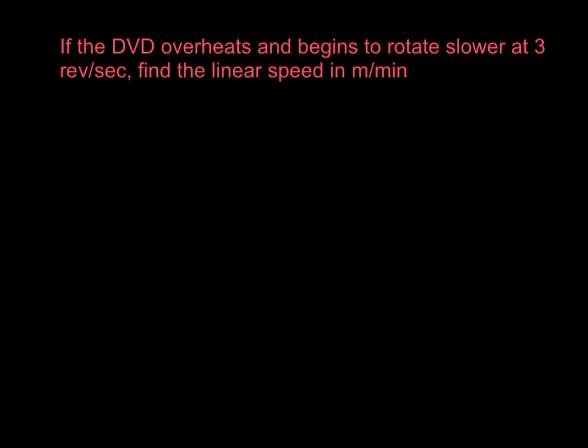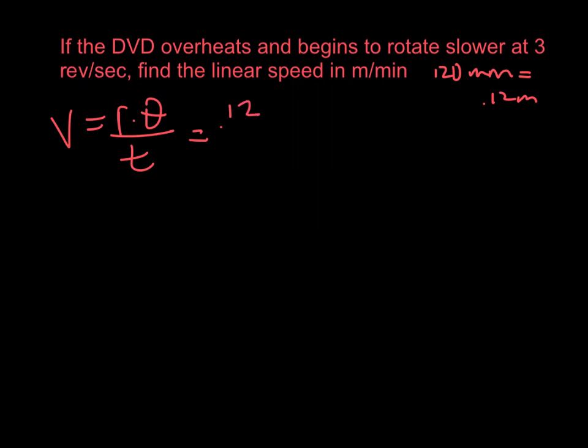If the DVD overheats and begins to rotate at a slower 3 revolutions per second, find the linear speed. My linear speed is going to be r times theta over t. You have to take into account your radius, and this time my radius, remember, was 120 millimeters, which is equal to 0.12 meters.